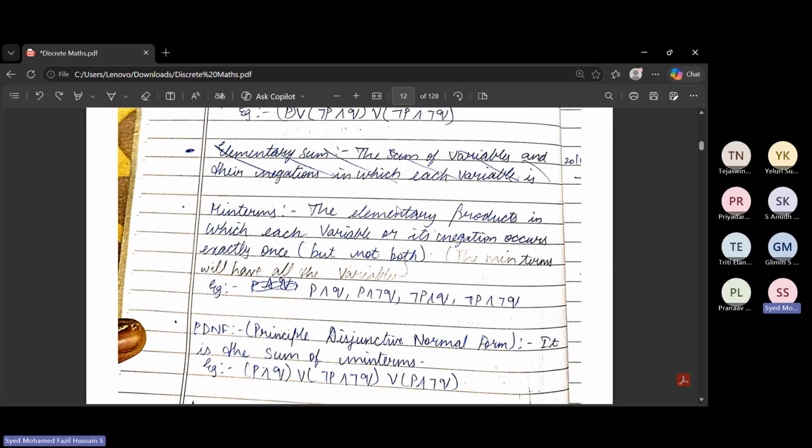It is not at most once, it is exactly once, because both variables must be present. That is a minterm. Not more than once and not less than once. It is exactly once.